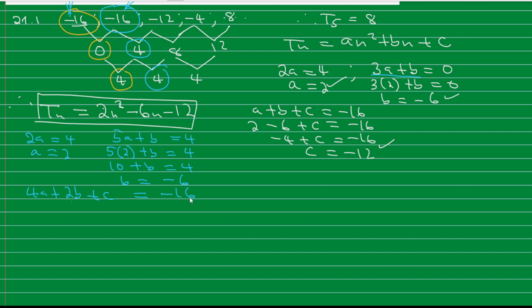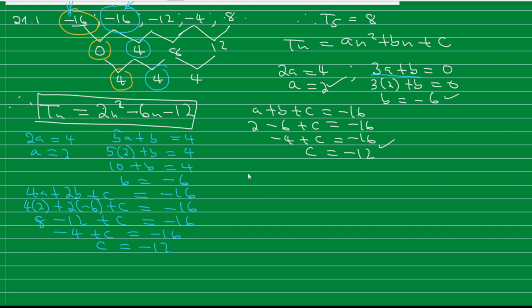So you equate it to negative 16. We got our a is 2, so 4 into 2 plus 2b is negative 6 plus c is negative 16. So the difference is just that you are now working with bigger numbers. So this is 8 minus 12 plus c is equal to negative 16. That will give us 8 minus 12, that is negative 4, plus c, which will give us negative 16. Take 4 to that side, our c will be negative 12.